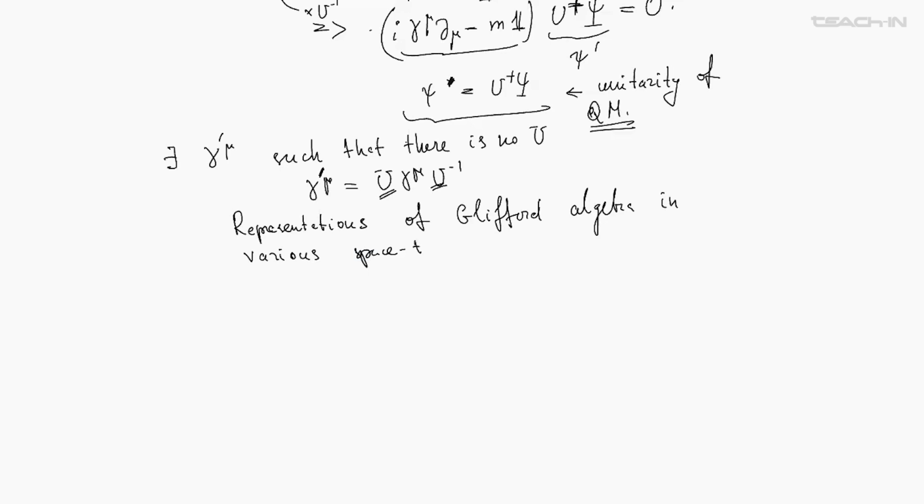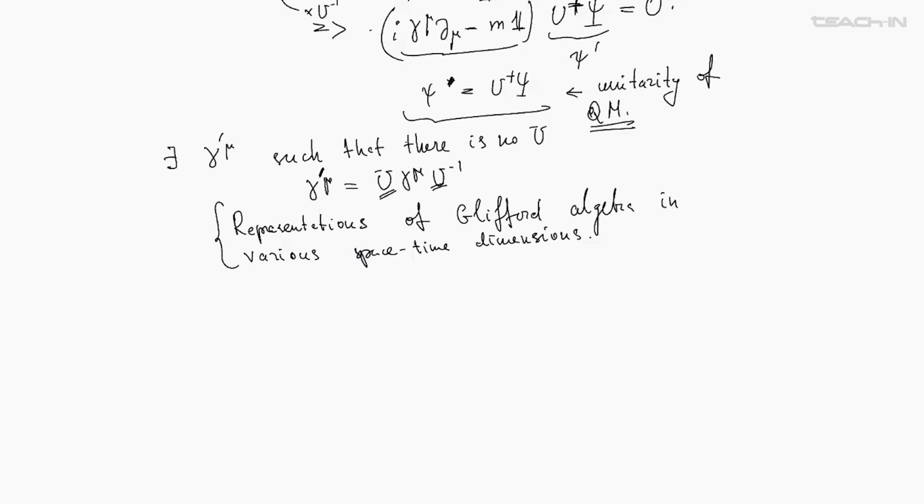There is a classification of representations of Clifford algebra for any dimension. You can find it in the literature. Of course, this is a very well-studied subject, and I refer you to the literature, especially if you go to study string theories, where the knowledge of representations of Clifford algebra is very important.